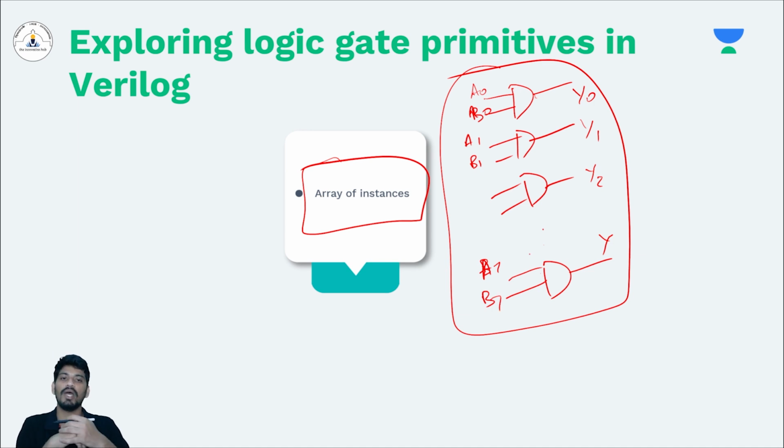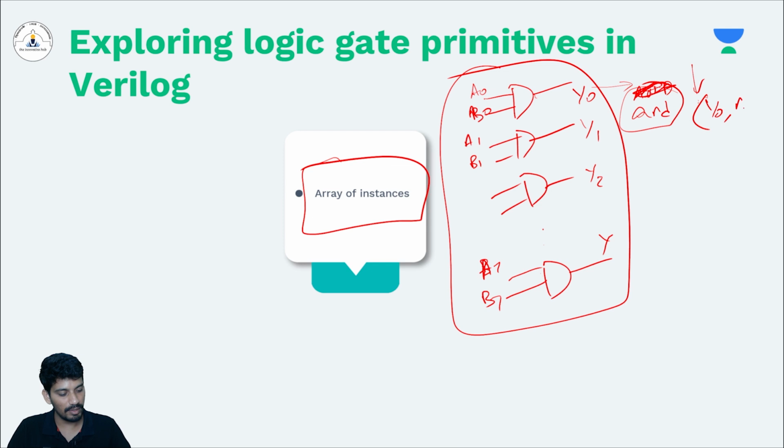So if you want to do it like this, you have to write 8 different lines, right? The keyword "and" has to be in small letters. You can either give an instance name or not, because it is optional, because it is a primitive, not a user-defined module. So you can skip the naming and directly write the combination: Y0, A0, B0.